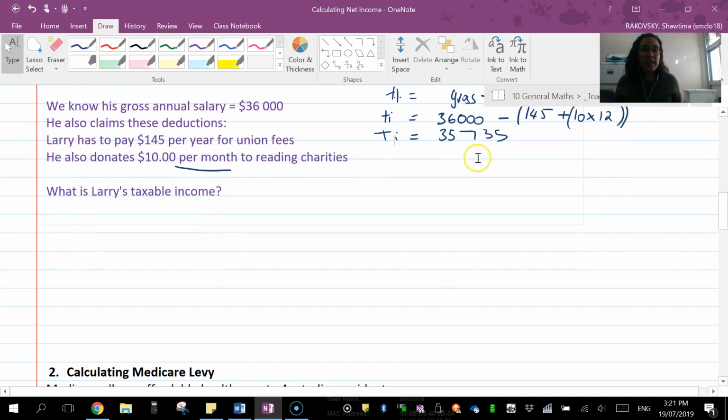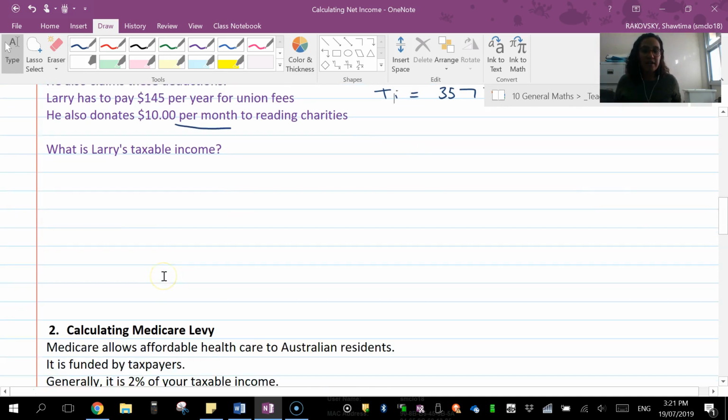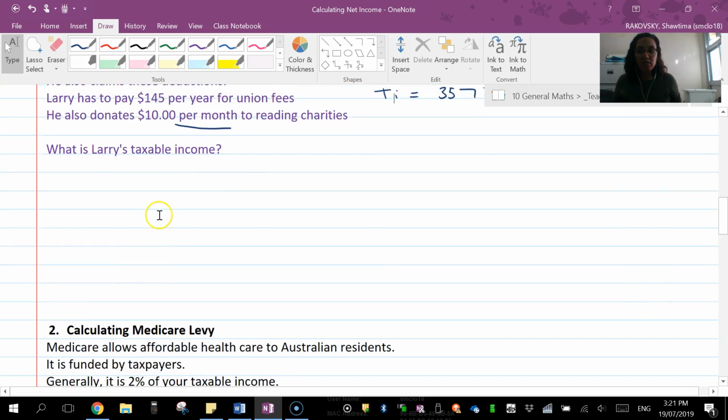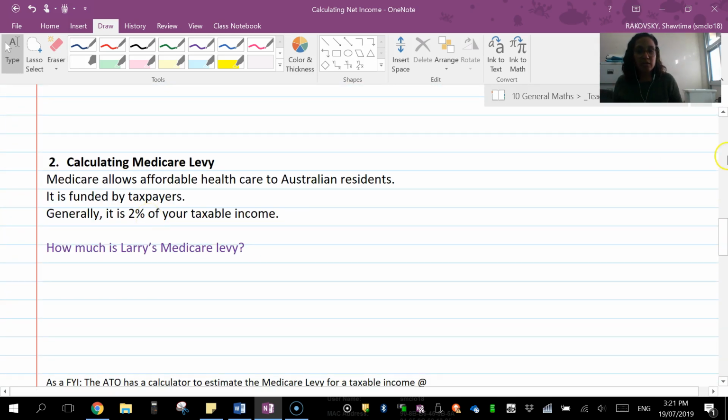Okay. So now that we have a taxable income, we can actually calculate what we pay for our Medicare and our tax liability. So calculating Medicare, I'm just going to write that number again on top of here.